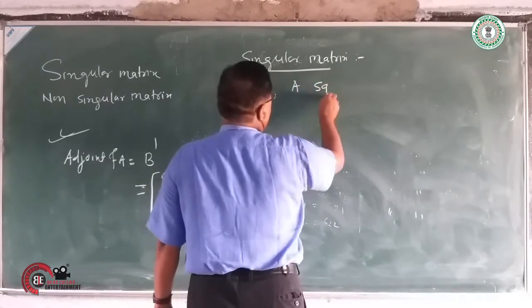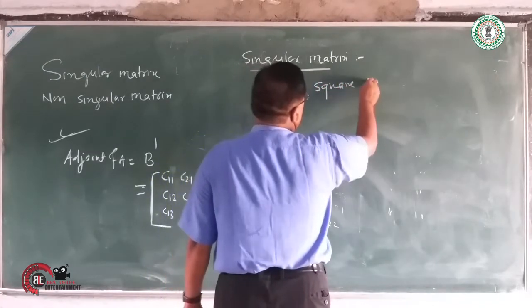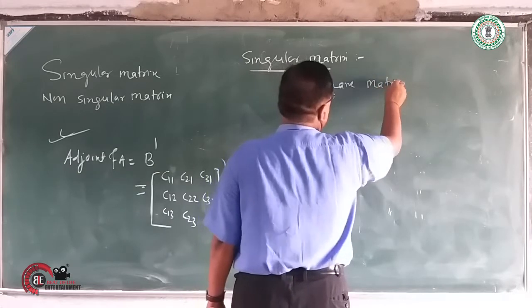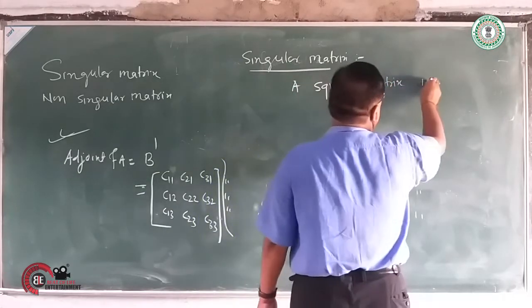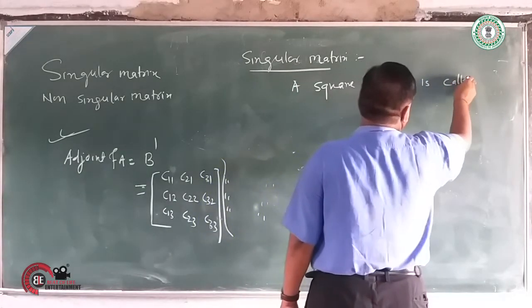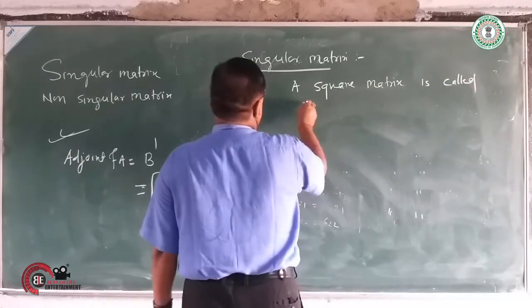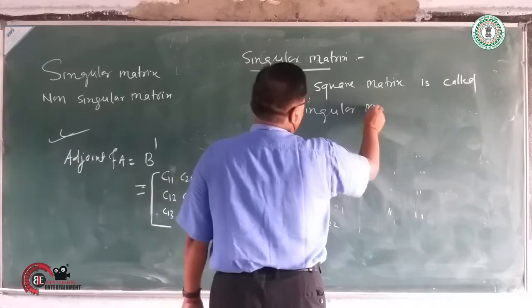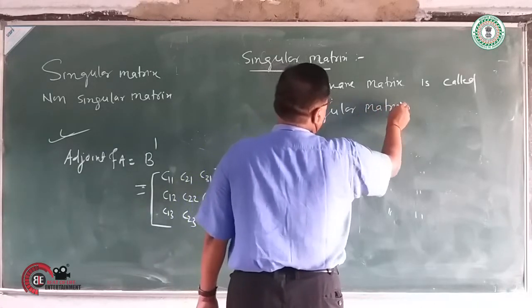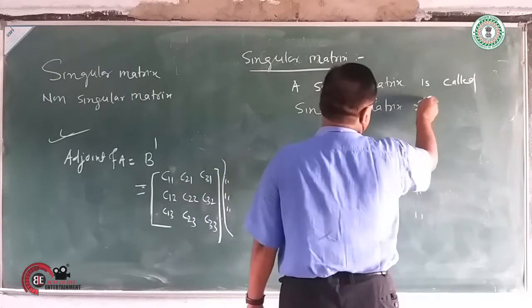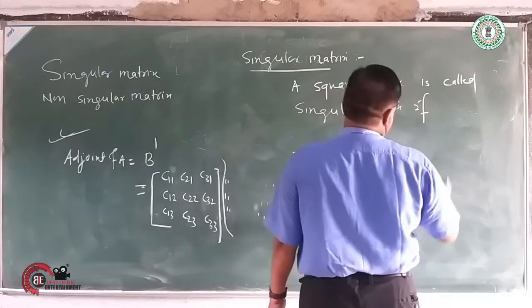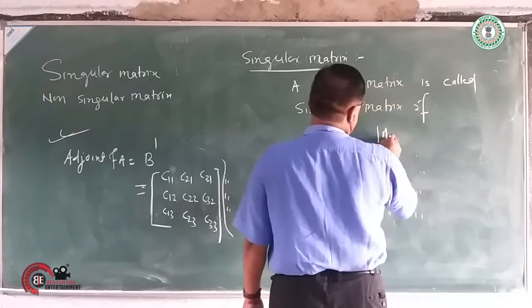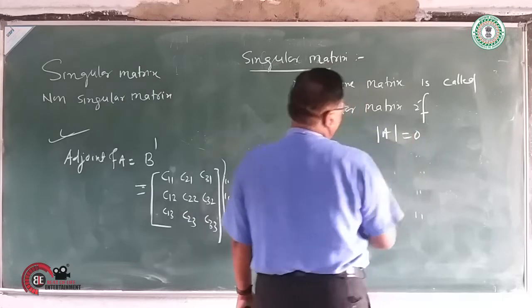A square matrix A is called a singular matrix if the determinant of A is equal to 0.